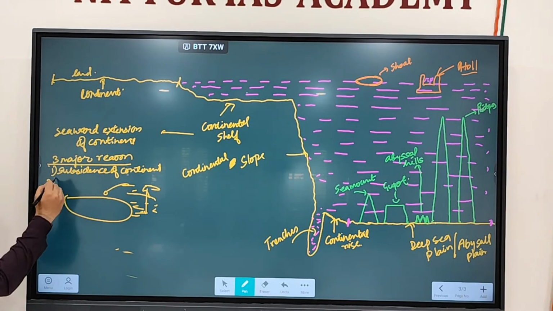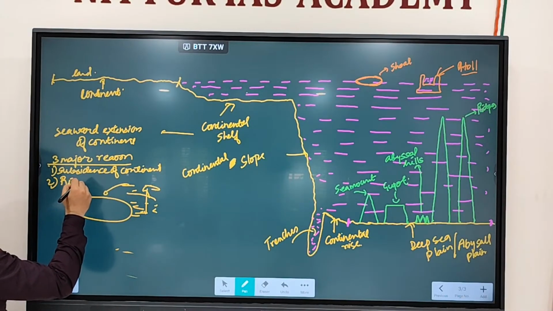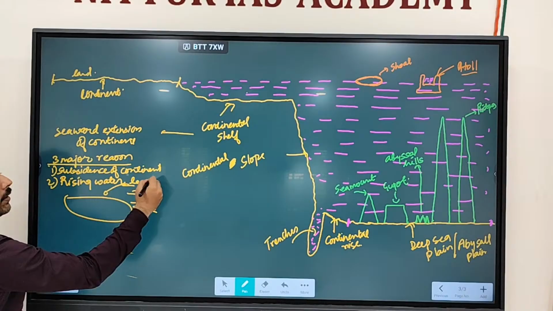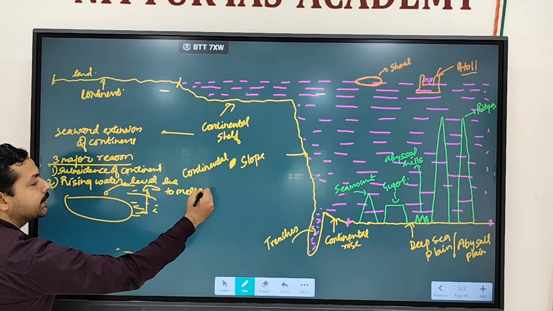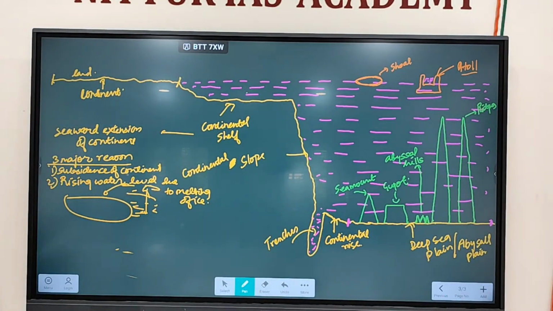So another reason why you see the formation of the continental shelf is rising water level due to melting of ice. That can create the continental shelf.